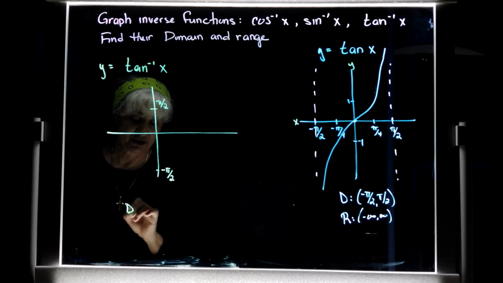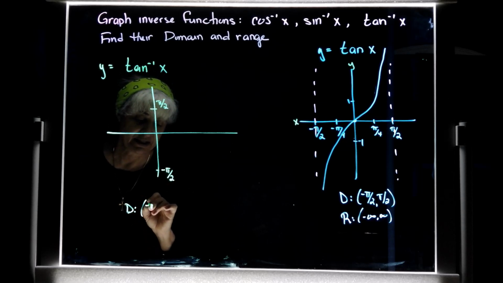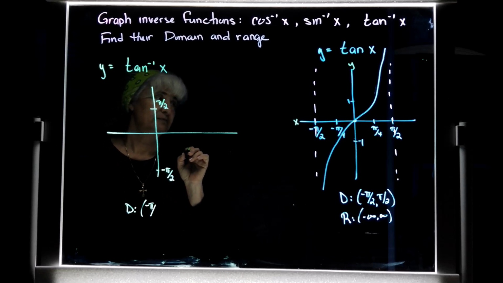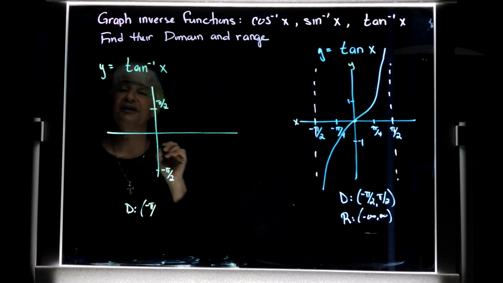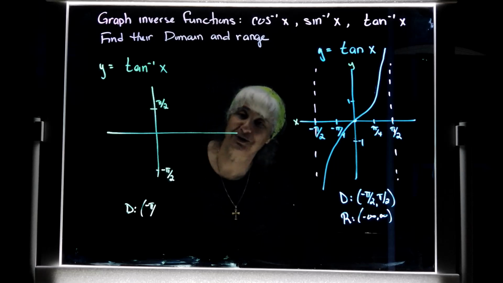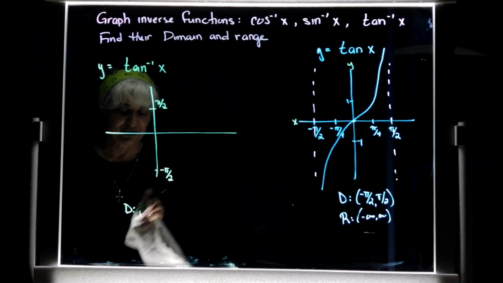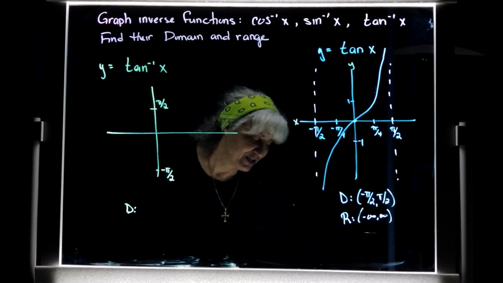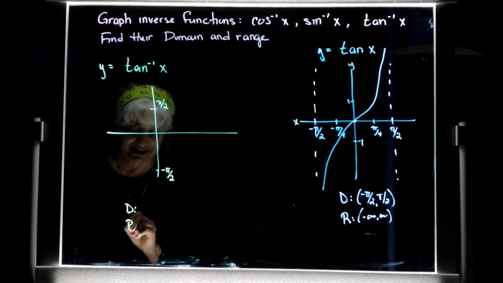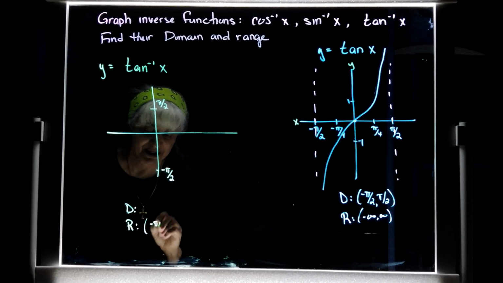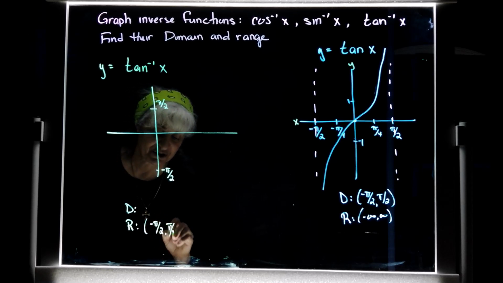I'm so sorry, I goofed in what I said. My x's become my y's. So my y's, my range, is going to be negative pi over 2 to positive pi over 2.